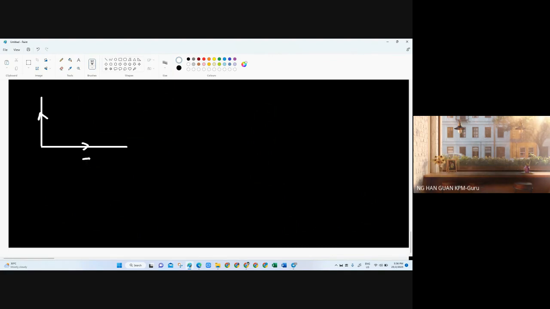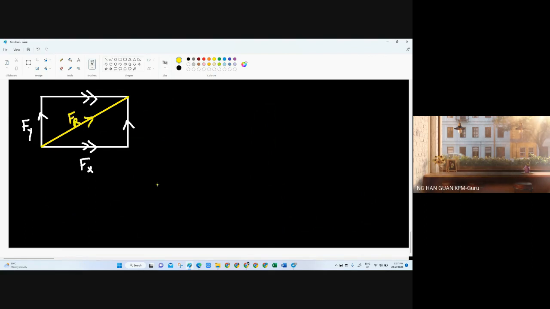Let's say this one is Fx, this one is Fy. When we apply the parallelogram, you draw another line parallel with Fx, and another parallel with Fy. From here, we get the resultant force, from the start to the end here. So this is your resultant force.